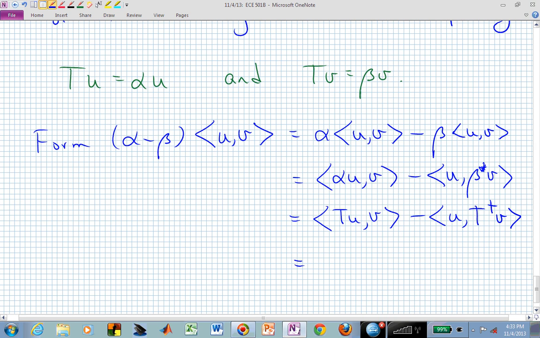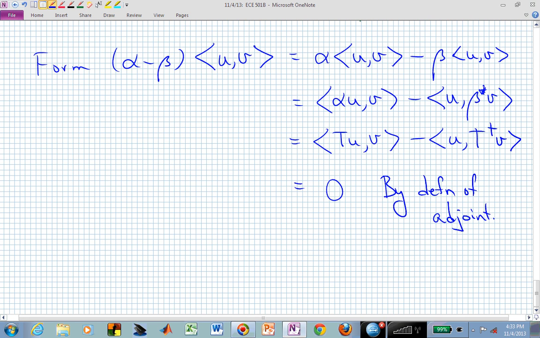If we just realize that that's the definition of the adjoint, that gives us 0. That's x minus x, essentially. This is now equal to 0, by the definition of the adjoint.